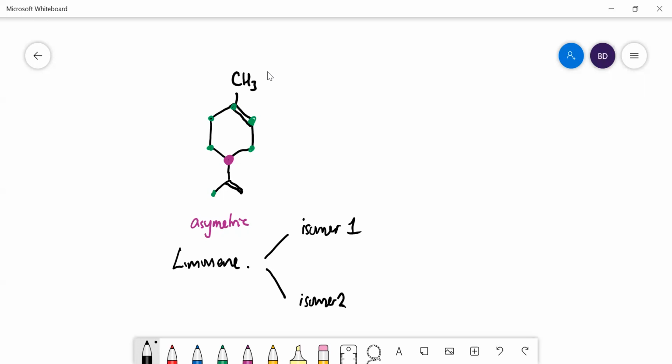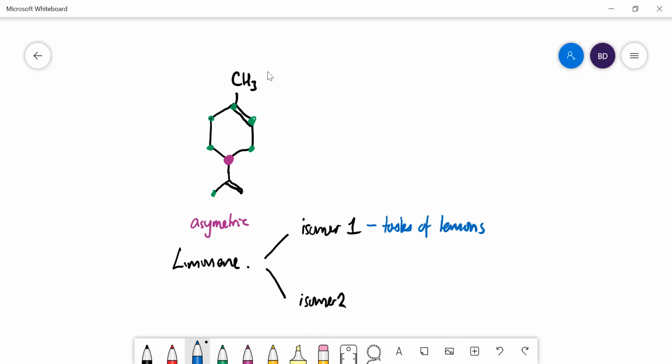Now, the one that occurs in nature, isomer 1, you can taste it, and it tastes of lemons. That's because that molecule fits onto the surface of your taste receptors, and it's the right shape for it.